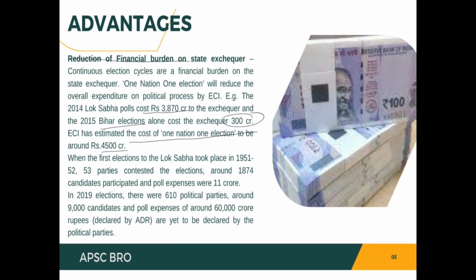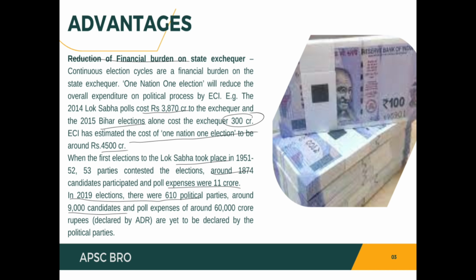In the first Lok Sabha election, which took place in 1951-52, around 1,874 candidates participated and the poll expenses were merely 11 crore. That was a simultaneous election, that is, the state and the central elections were held together. However, in 2019, 610 political parties got involved and around 9,000 candidates took part.